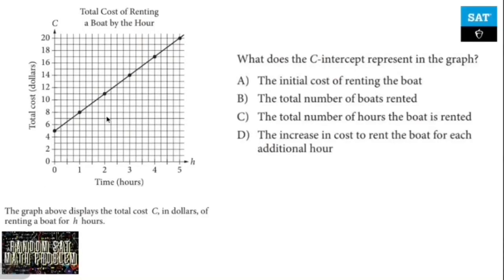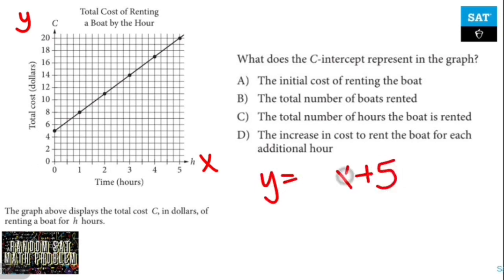Okay, we've got ourselves a graph displaying the total cost in C dollars of renting a boat for H hours. So cost is my y-axis, H is my x-axis. I don't know if this is even important, but it looks like we have an equation. My y-intercept is 5.